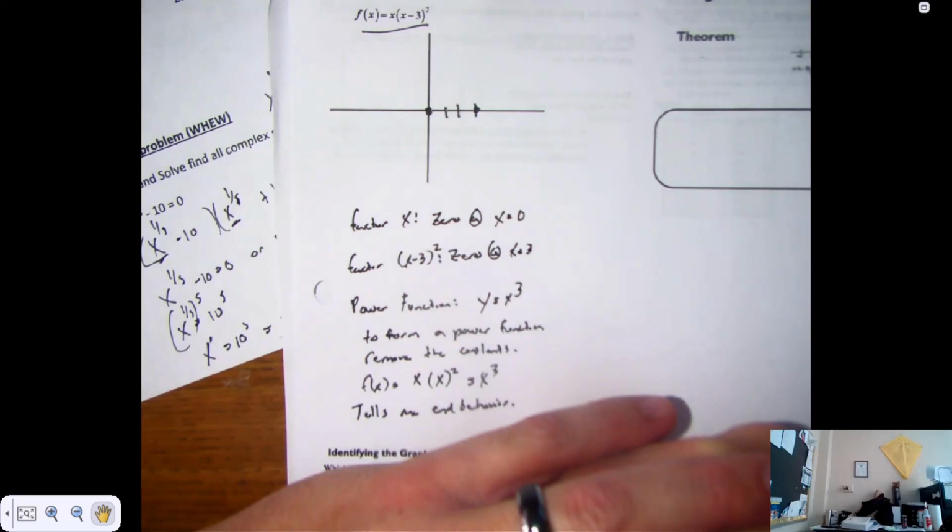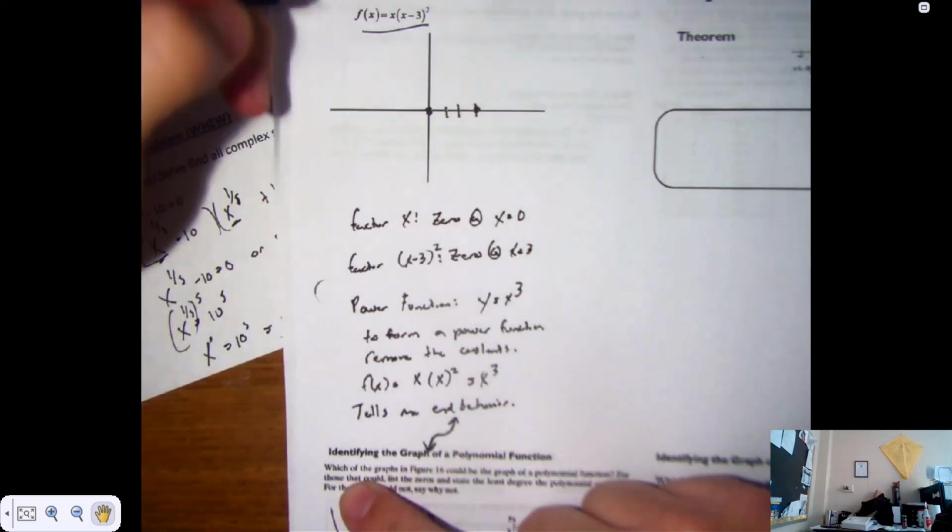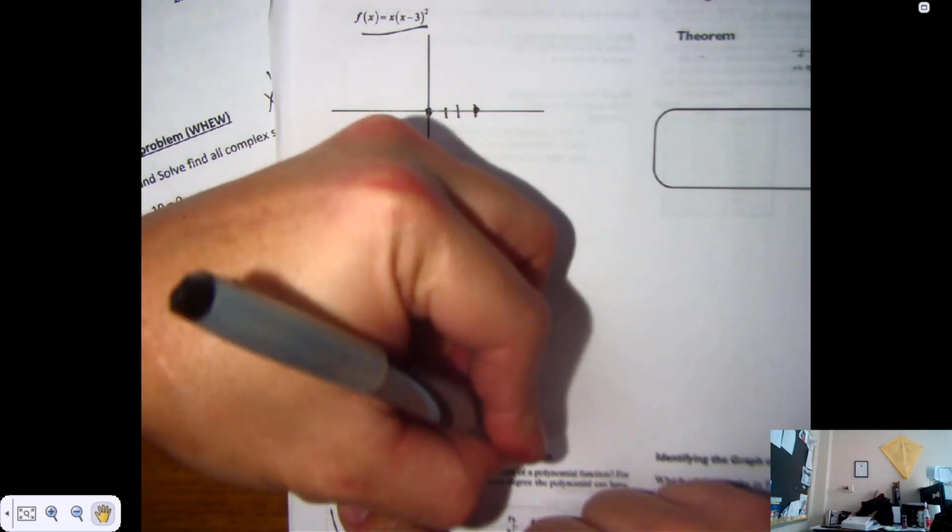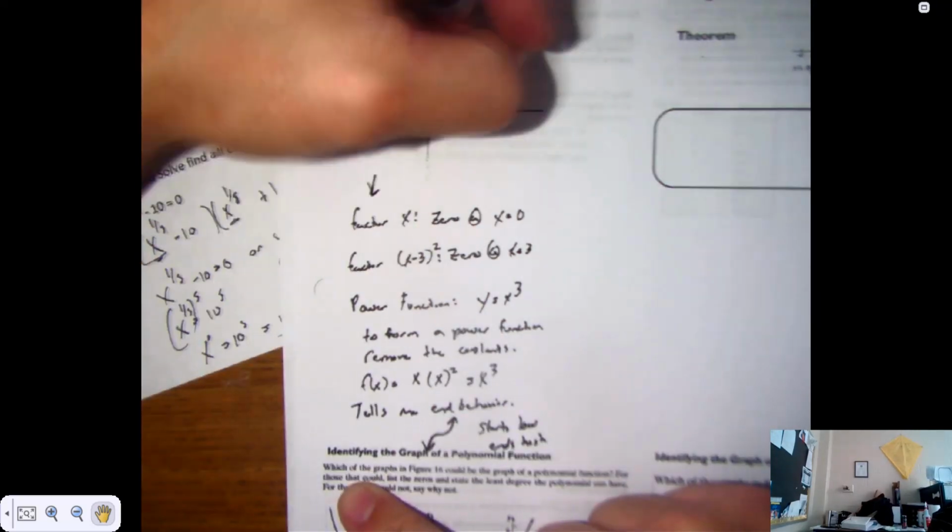How does y equals x cubed start its day? High, low, in the middle, under a bridge. What's it doing? Low. Starts low, ends high. So I know this graph is going to start down here and it's going to end up here.